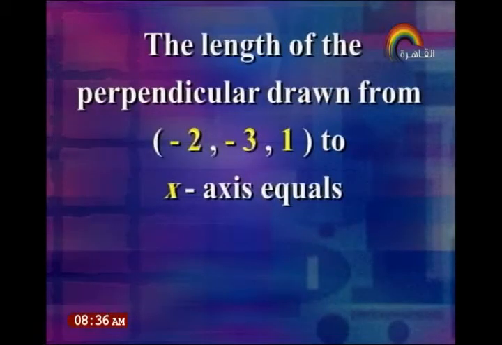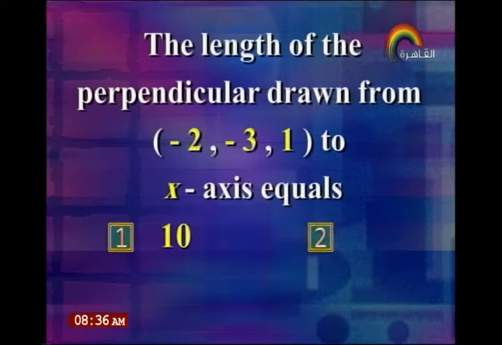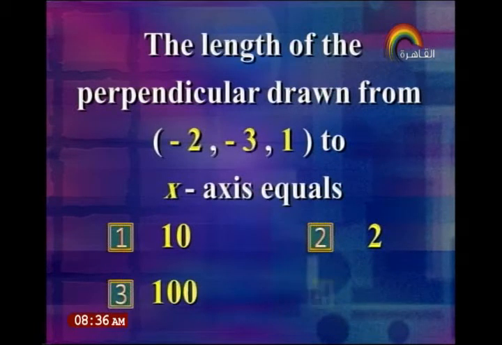Number 2: the length of the perpendicular drawn from the point (-2, -3, 1) to the x-axis equals: number 1, 10; number 2, 2; number 3, 100; number 4, root 10.